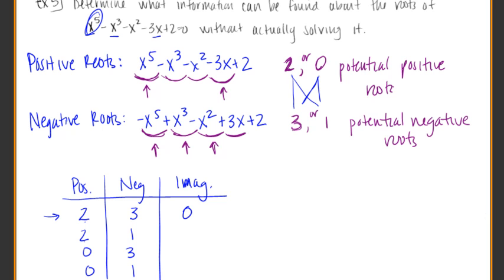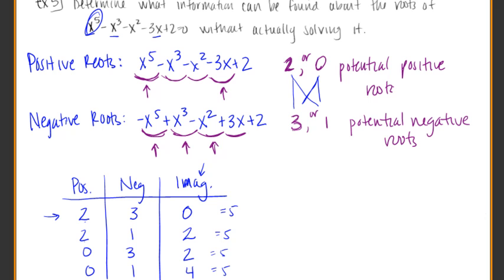If I go to the next row, though, 2 positive, 1 negative, that means that the other 2 left over had to be imaginary, because each row has to sum up to 5. Okay, it has to equal the total degree. So if I had 0 positive, 3 negative, then 2 imaginary, and then 0 positive, 1 negative leaves 4 for imaginary. Always totaling up to 5.